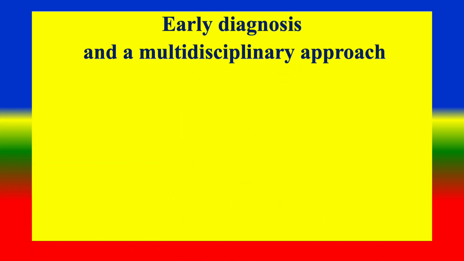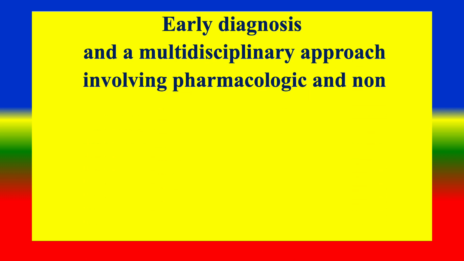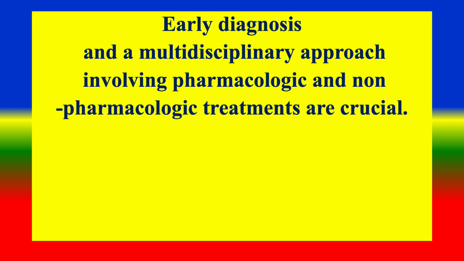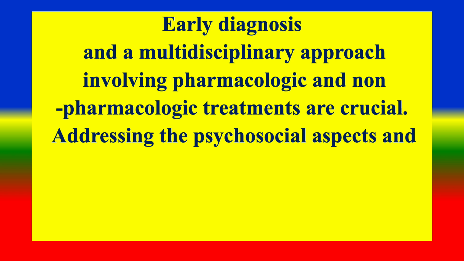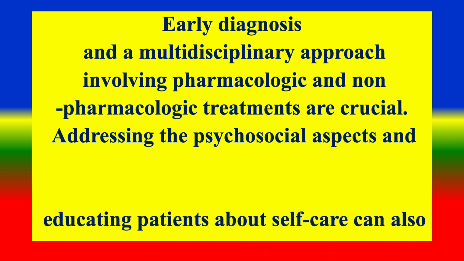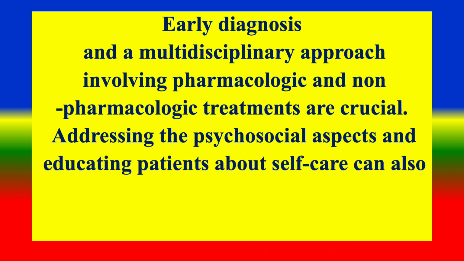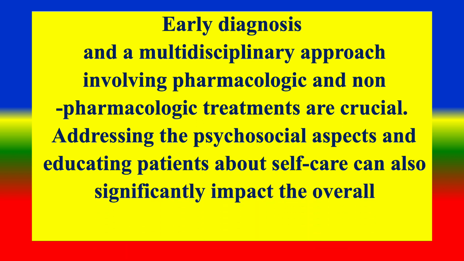Early diagnosis and a multidisciplinary approach involving pharmacologic and non-pharmacologic treatment are crucial. Addressing the psychosocial aspects and educating patients about self-care also significantly impact the overall management of rheumatoid arthritis.